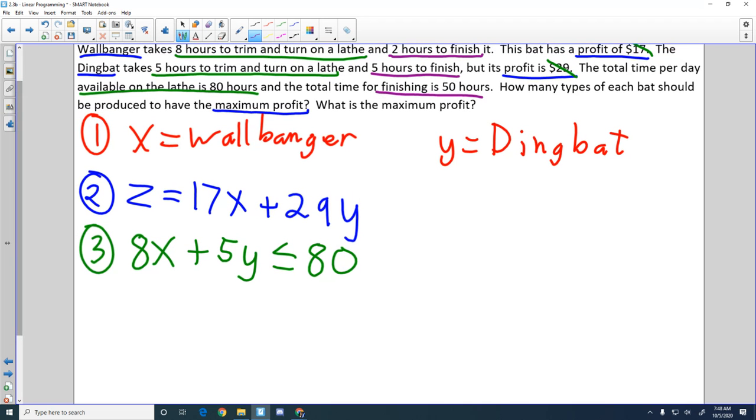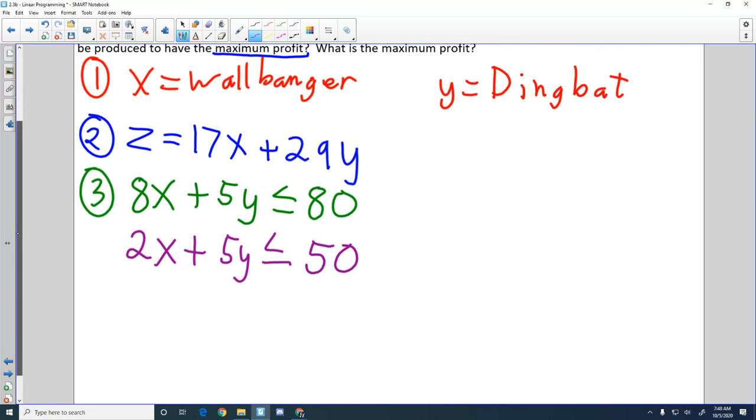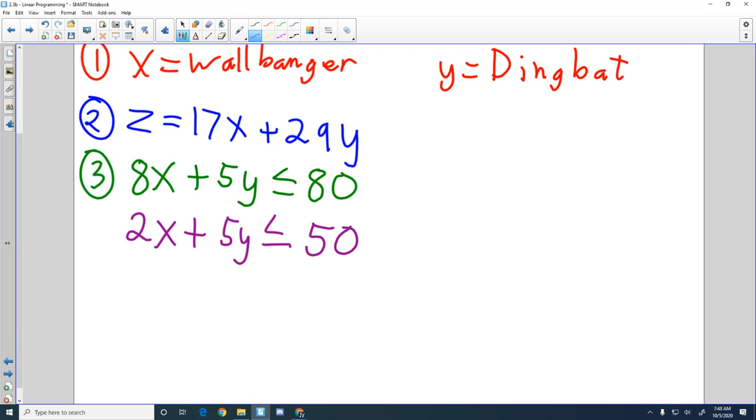So 2 hours to finish a wallbanger, so that's going to be 2x, plus 5 hours to finish the dingbat, so plus 5y, and I only have 50 hours for finishing altogether, so that's got to be less than or equal to 50. So those are your constraints.